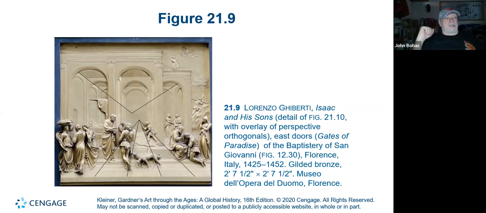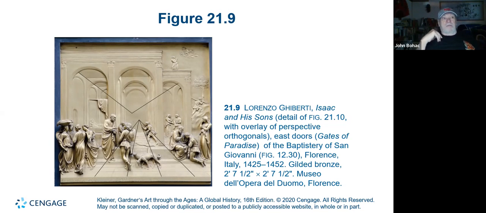I thought we'd start today with a little bit of review of what we've seen. Lorenzo Ghiberti, Italian, Florentine. Why do we know that? Well, a lot of things, but you can see it's right here, Florence.